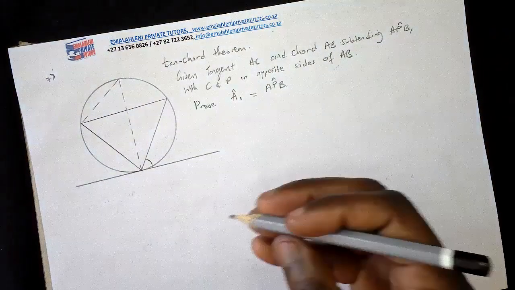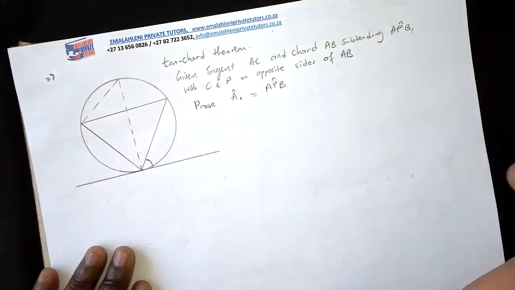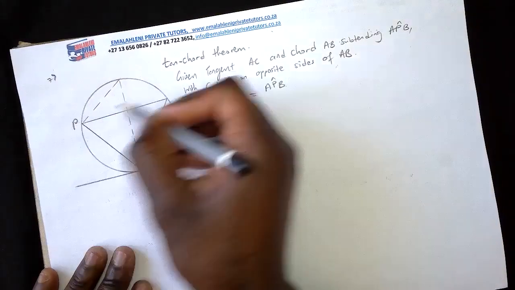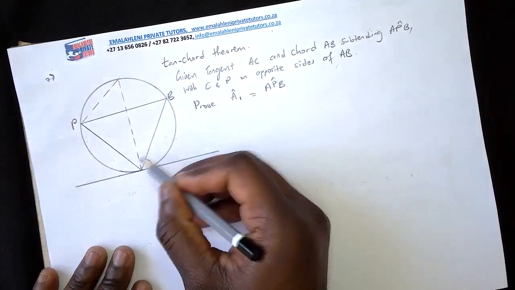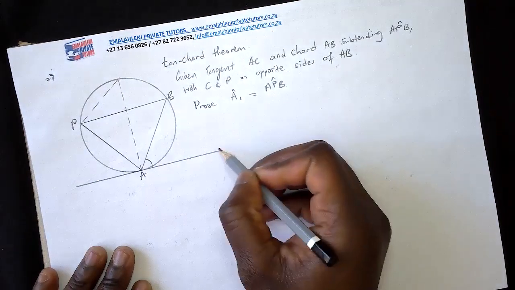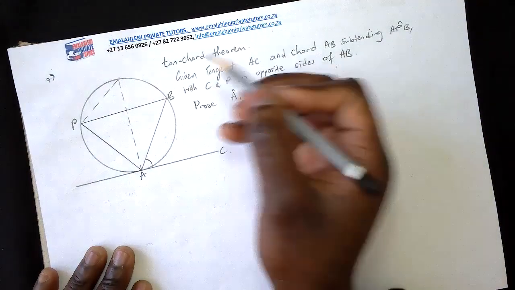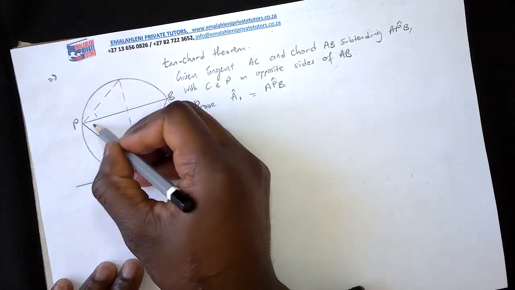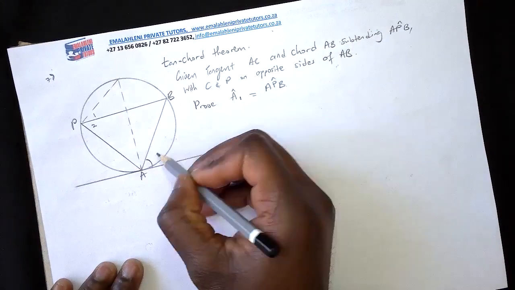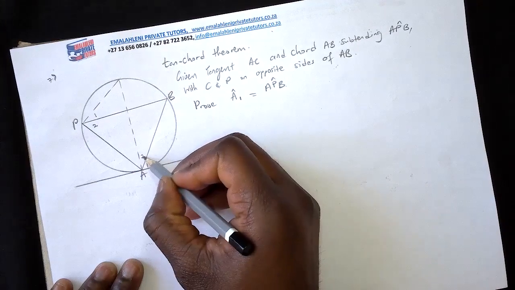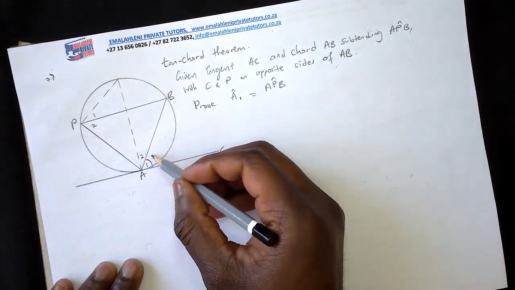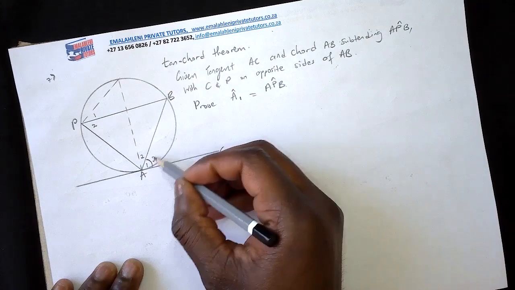Now let's call this P, and I've labelled A, B and C here. Let's call these P1 and P2, and this one 1 and this one 2.